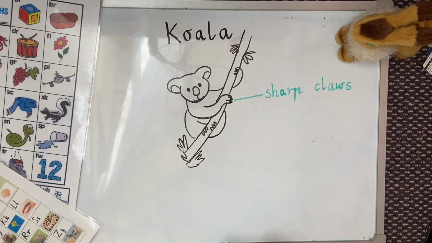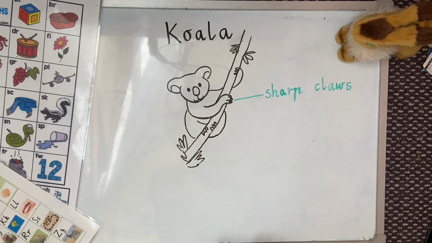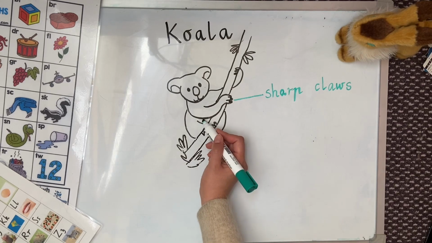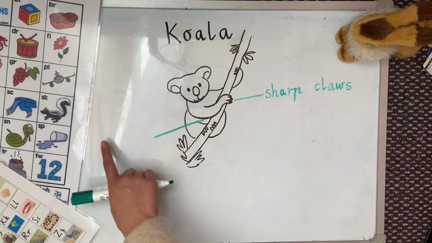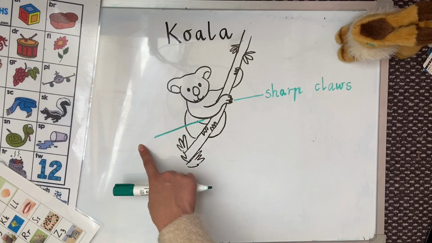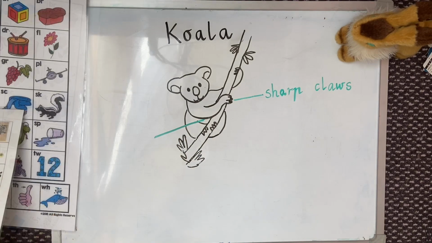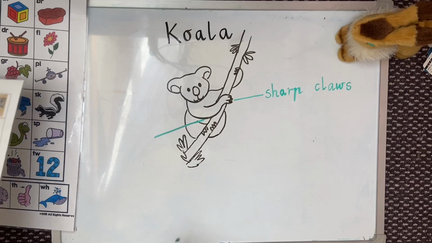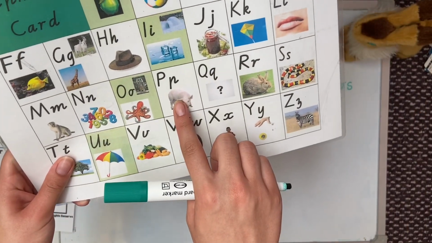The next thing I want to label is the koala's pouch. Here it is. I know that the pouch is really important for keeping the baby koalas safe. So I've drawn a line from where I'm going to write the label that connects to where the pouch is. Pouch. P, p. Can you hear the P at the start of pouch?